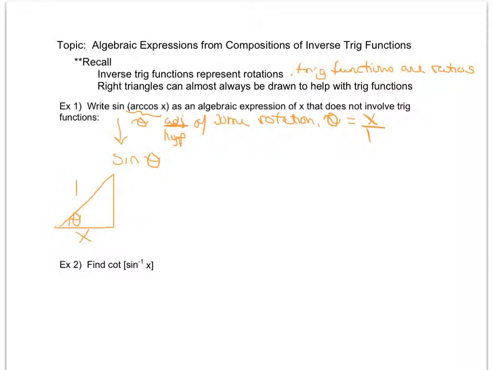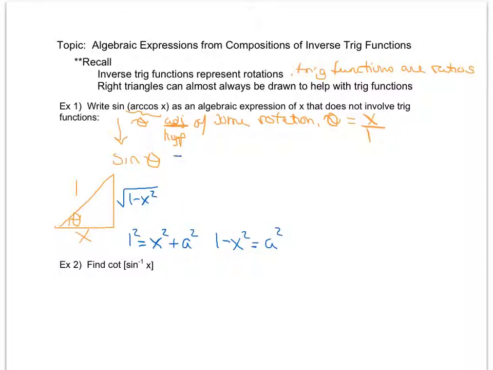Now I'm going to use some math to help me find more information about this triangle. I'm going to use Pythagorean's theorem to figure out that missing opposite side. So 1 squared equals x squared plus some unknown side squared. I can get a squared by itself by saying 1 minus x squared equals a squared, which tells me this side must be the square root of 1 minus x squared.